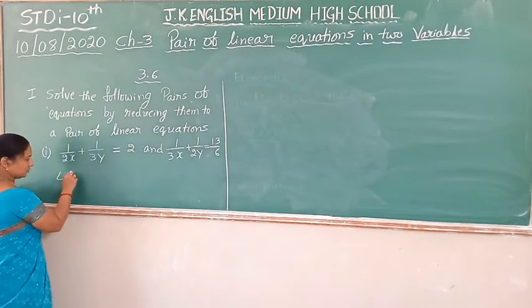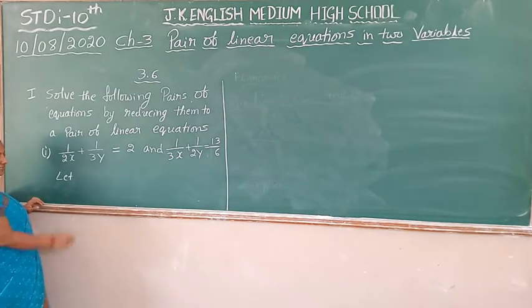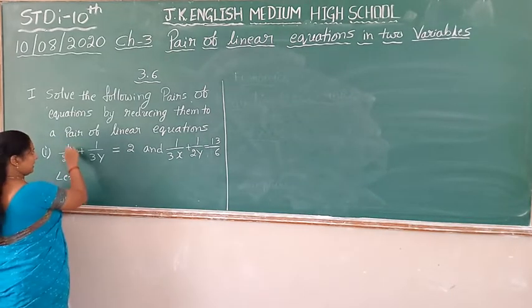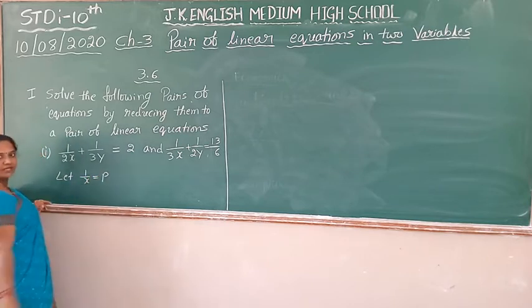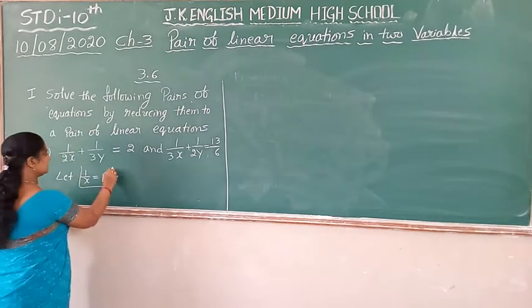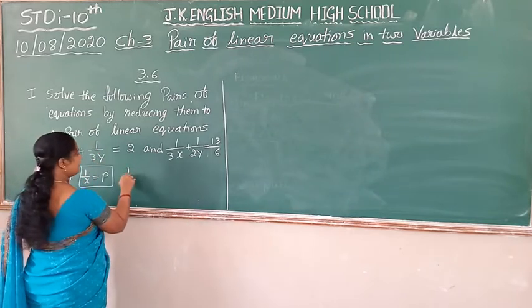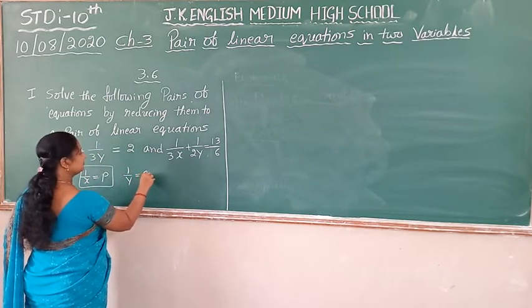By seeing these two equations, we have to consider: let 1 by x be p, and let 1 by y be q.